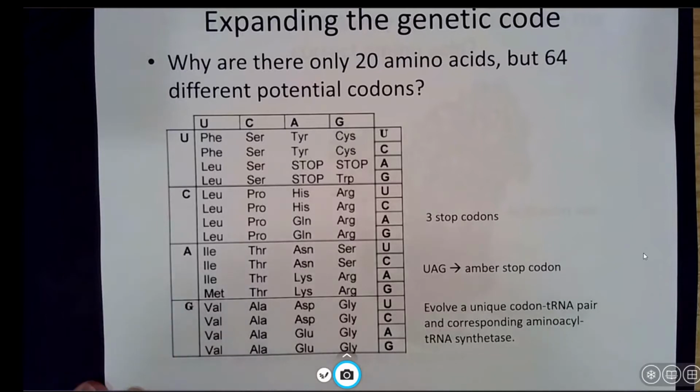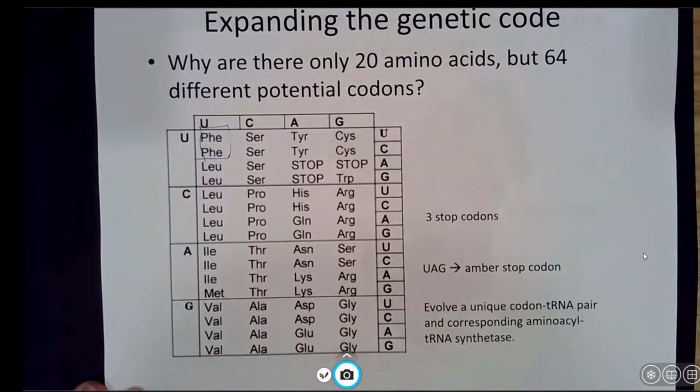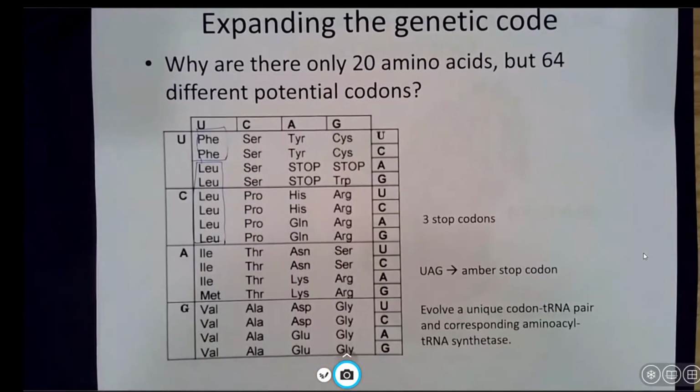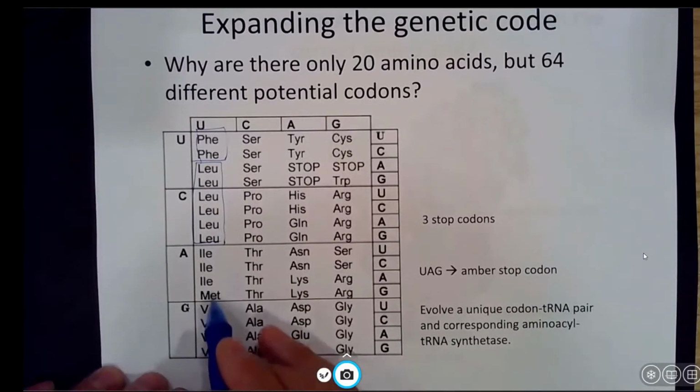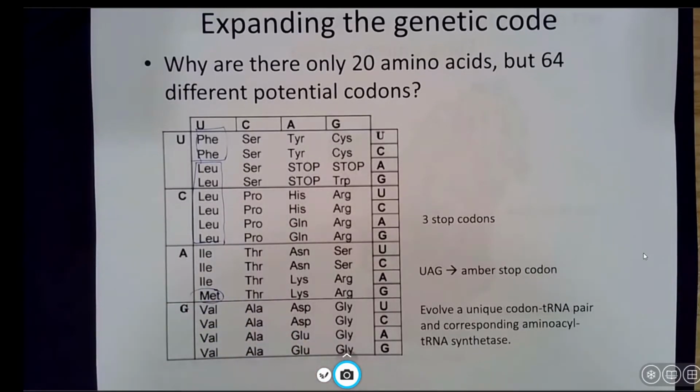Phenylalanine has only 2 codons, whereas leucine has 6 different ways to code for it. Methionine, on the other hand, only has 1. So there are different degrees of redundancy. They're not created equally. So maybe that's one reason.